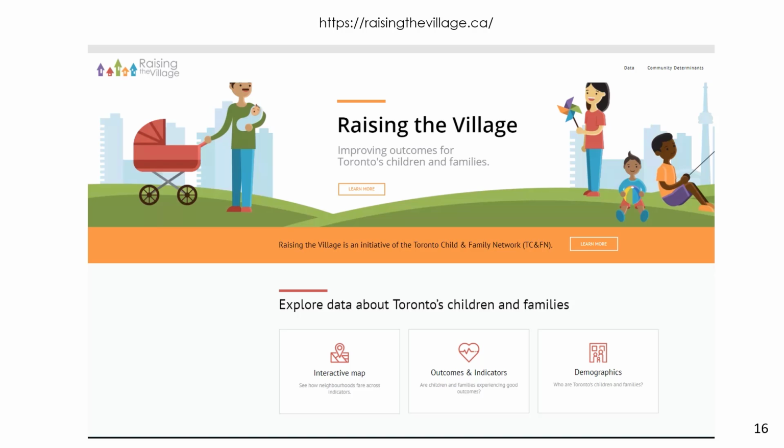So this is called Raising the Village, and it's a map of Toronto. It's an interactive map, and it shows outcomes and indicators as well as the demographics, which is a secondary source. So take a look at that and you'll get a better idea of outcomes and indicators.